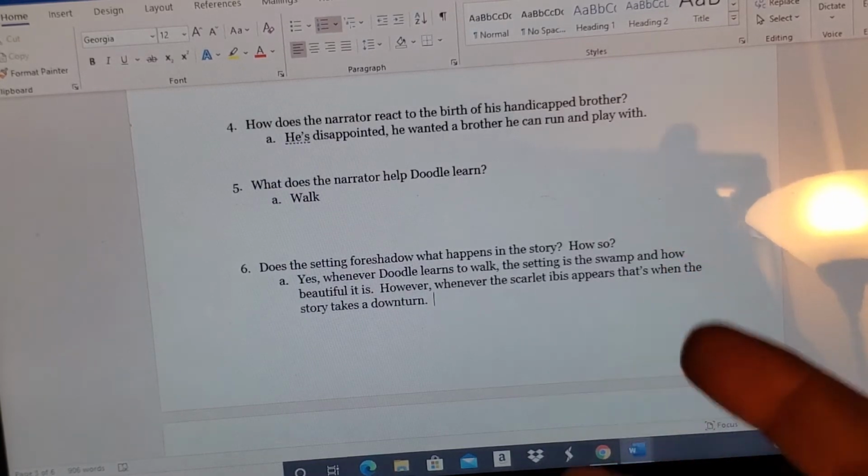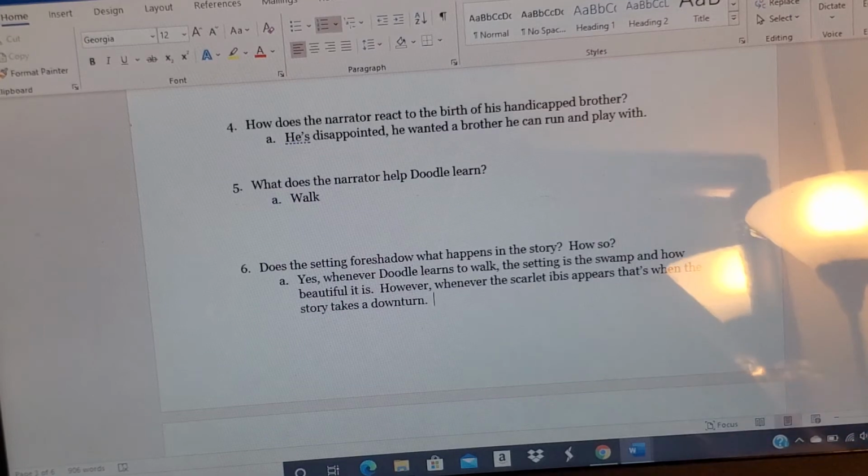Remember, the cotton fields were dying, storms were coming in. And that foreshadows Doodle's death.